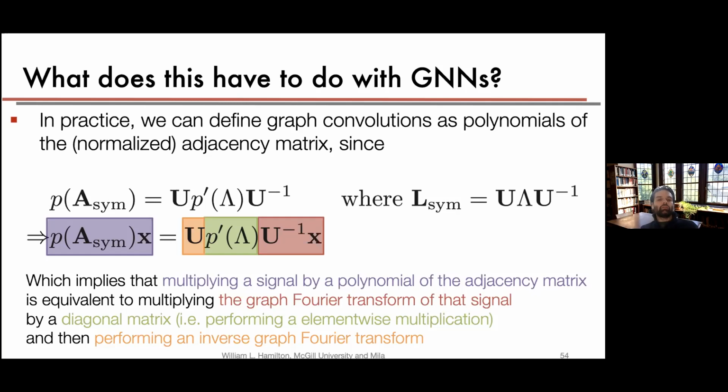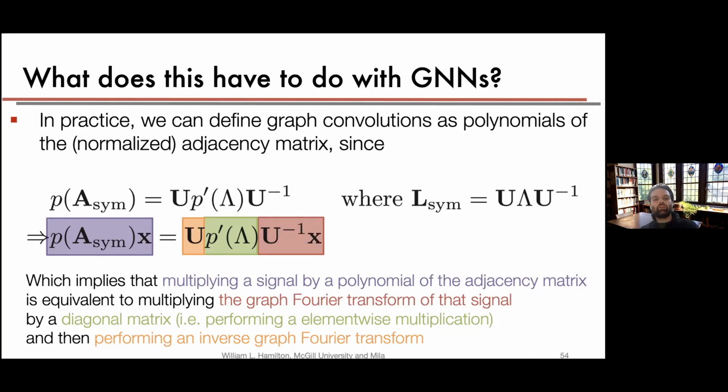To put it another way, anytime we multiply some node features by a polynomial of the adjacency matrix or the normalized adjacency matrix, this is mathematically equivalent to doing a convolution on this graph in a very precise mathematical sense. From an intuitive standpoint, this makes sense.